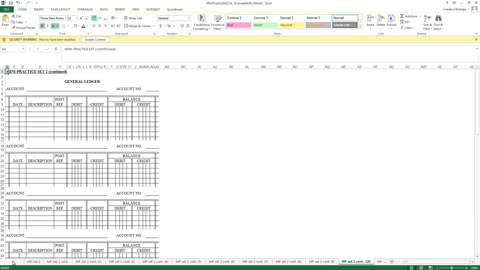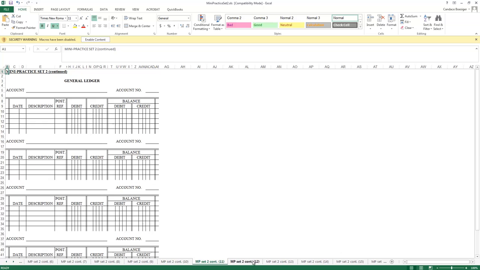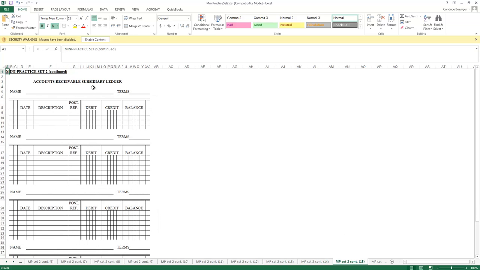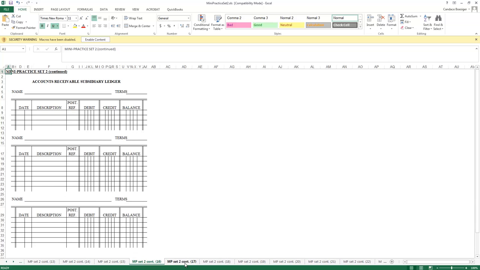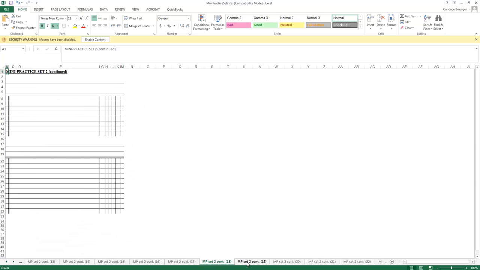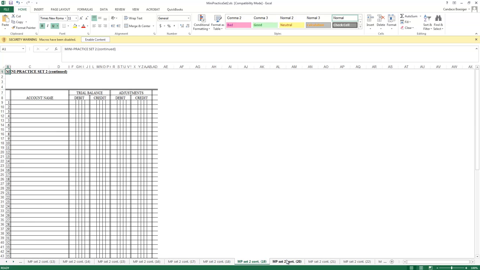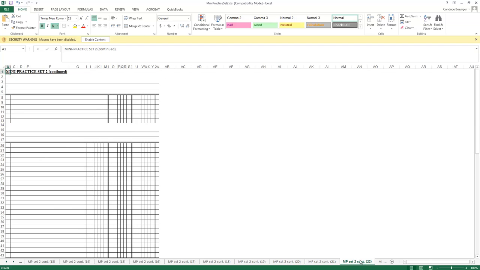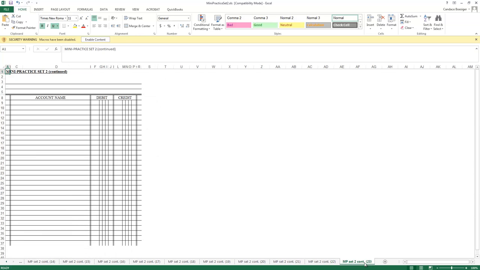And if we keep going, we have some accounts receivable subsidiary ledgers, accounts payable subsidiary ledgers, and then it looks like we have a worksheet to complete, and some places to do financial statements. Okay, now let's go back to the beginning.